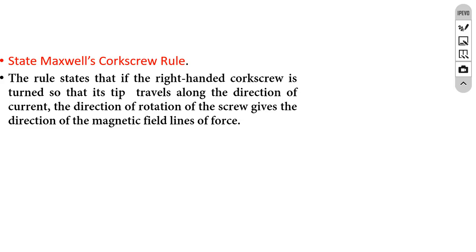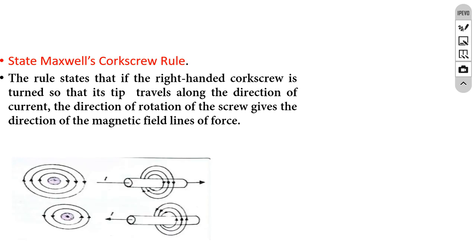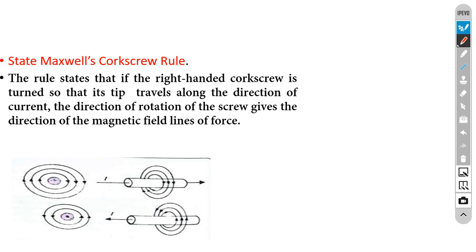So the two rules tell us about the direction of current and the direction of the field in a wire. So look at these figures. The first one here tells you the direction of the current I, and then the direction of the field.